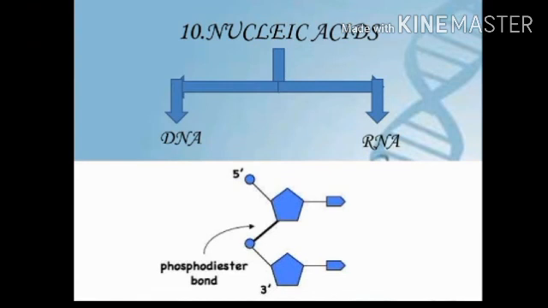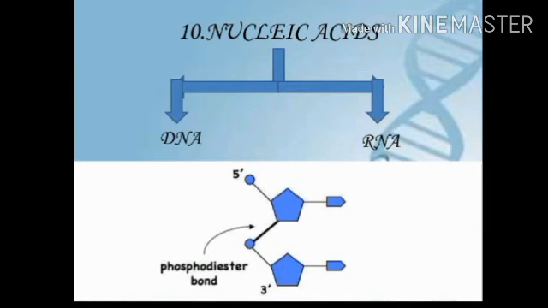Next is nucleic acid. Nucleic acids are generally of two types. One is DNA, the second is RNA. DNA is deoxyribonucleic acid, mainly present in all plants and animals.